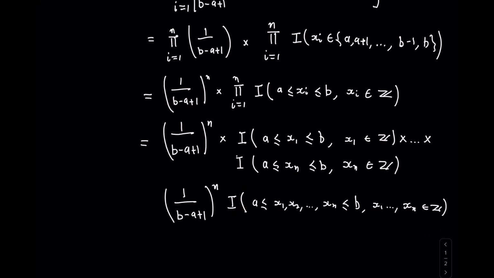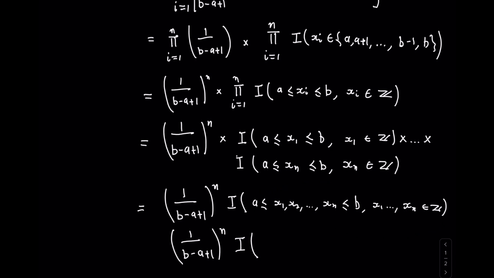And we can actually do one more bit of simplification here, and that is to note the 1 over b minus a plus 1 to the power of n. This statement that we've just written, we can use order statistics for.